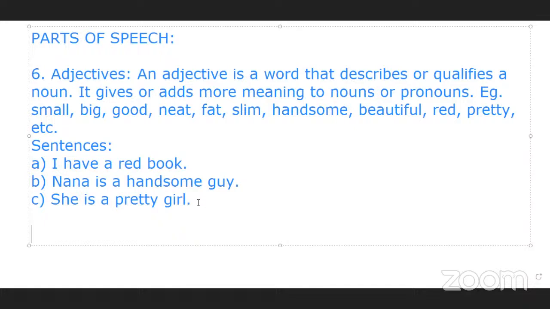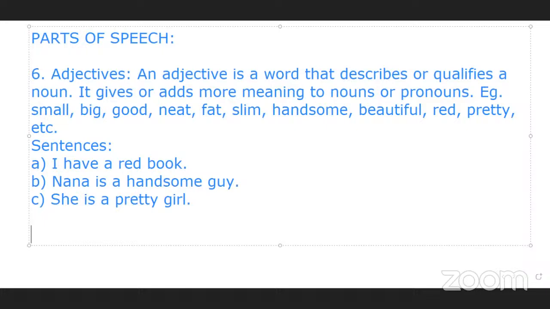The man is fat, a fat man. My uncle is a fat man. Which one is the adjective? The fat. Great. And which noun is it qualifying? Uncle.